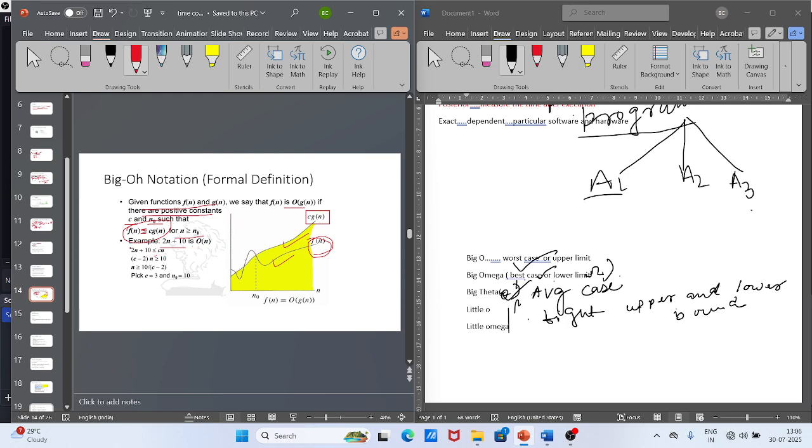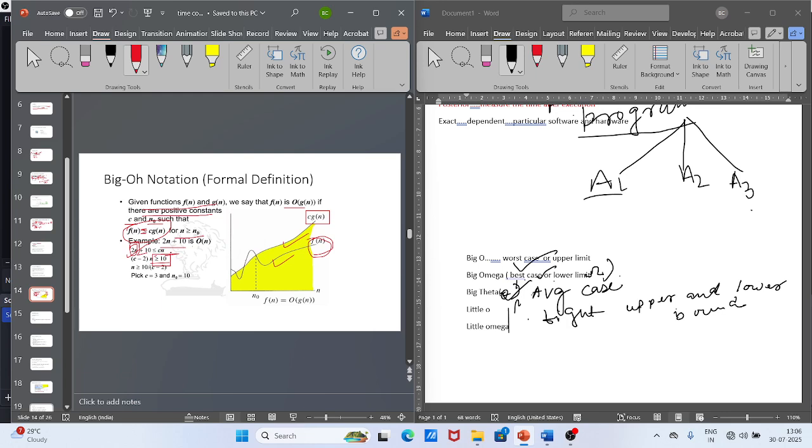Here we take n, but for which value of n does it give the true result? If you check, when n is greater than or equal to 10... put n equal to 1, then 2 plus 10, how much? 12. 12 is not less than 1.